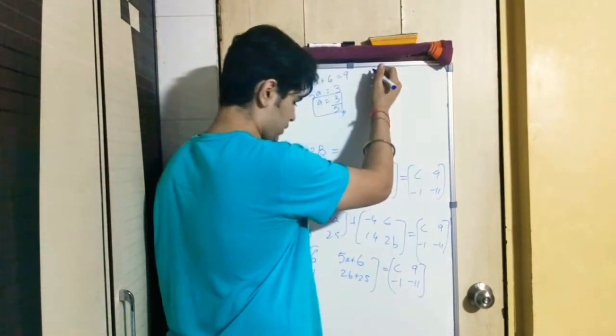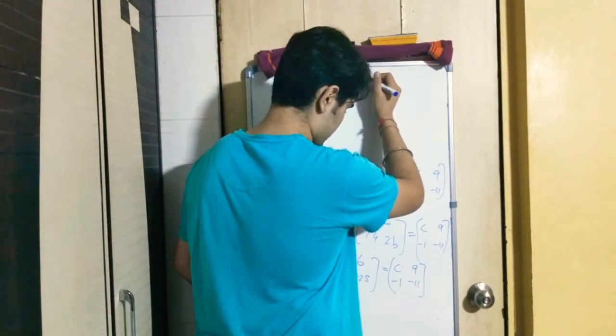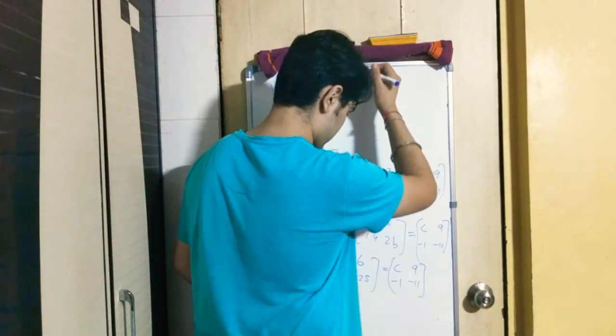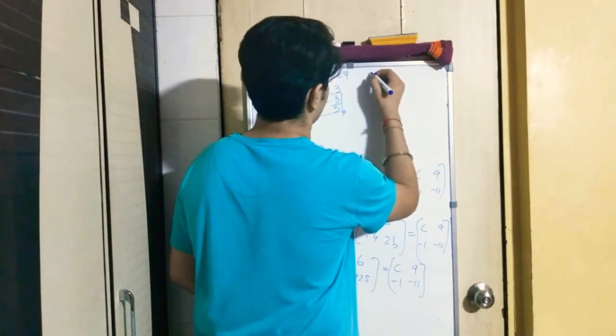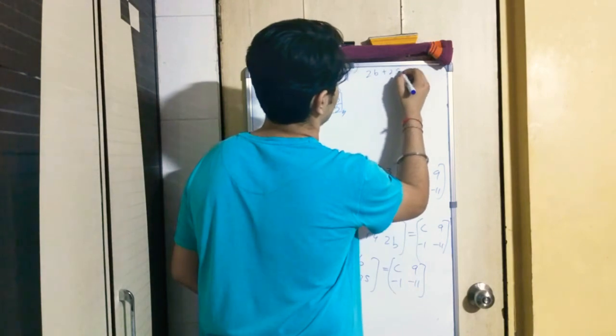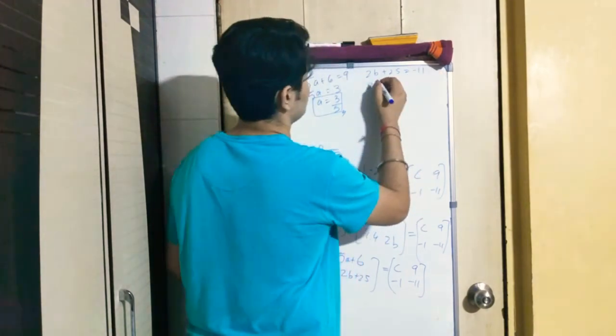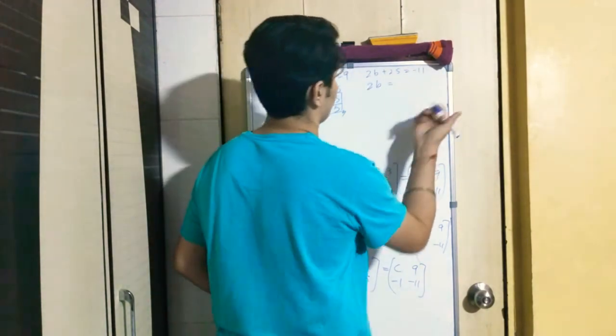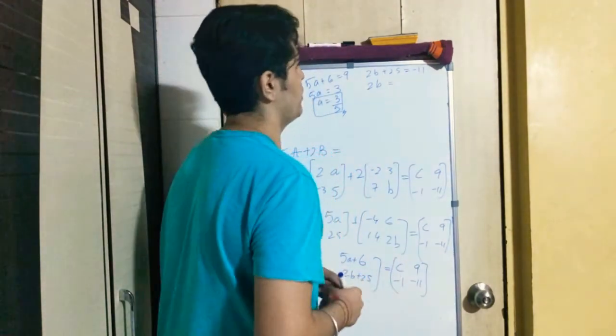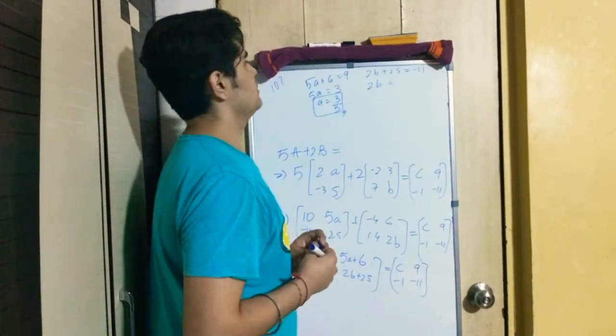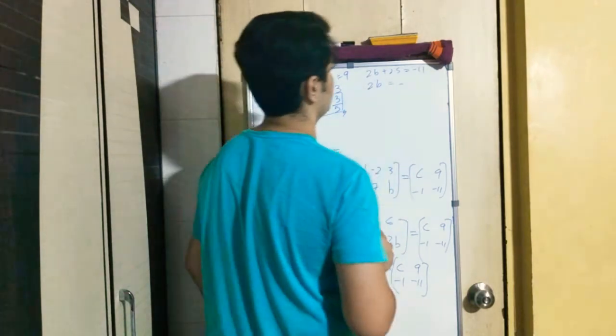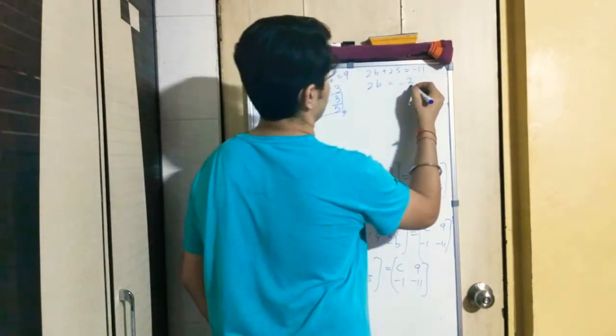Now here 2b plus 25 is equal to minus 11. So 2b is equal to minus 11, here it gets plus. So 25 plus 11, we get here minus 25, 35 plus 1, 36.